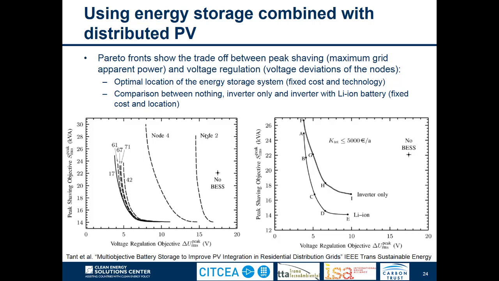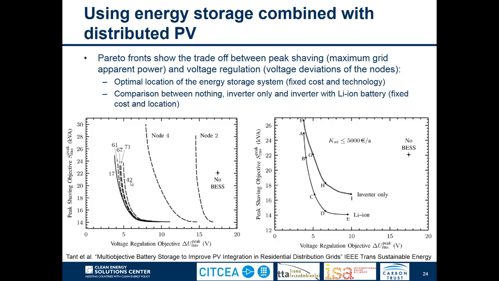We are only discussing where we install this energy storage system. But we see that if we go to nodes 17, 61, 67, 71, 42, then the result is much better. We obtain much better voltage regulation objectives. This is mainly because we are going to the nodes where we have worse voltages. So if we install the energy storage in these nodes, we can improve the overall system behavior quite a lot.